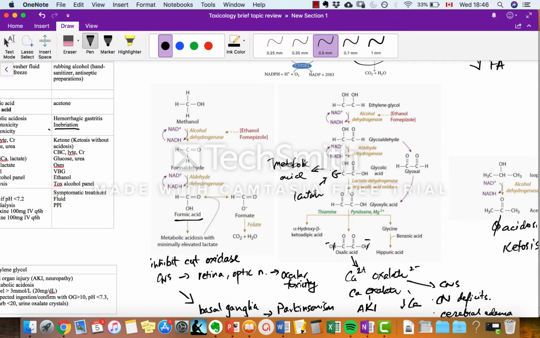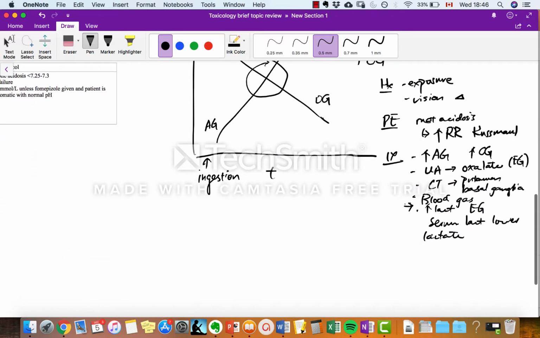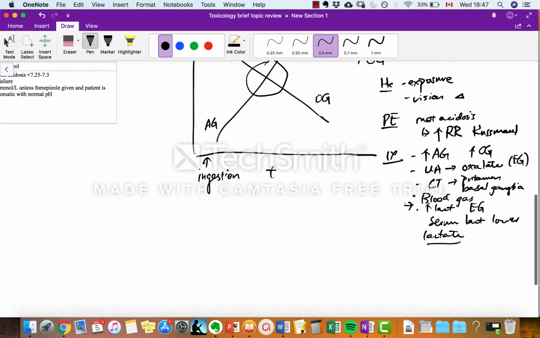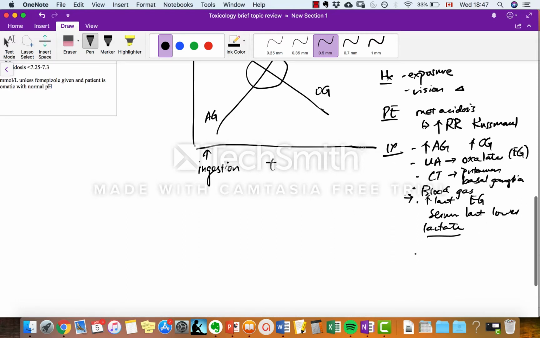So some of these blood gas machines' electrodes can misidentify glycolic acid as lactate. So you get a high lactate on the blood gas machine, but your serum lactate, which measures the true lactate, is much lower. That's another clue. You can also have low calcium: ethylene glycol can bind the calcium, give you hypocalcemia, and this can sometimes predispose you to long QT and torsades.